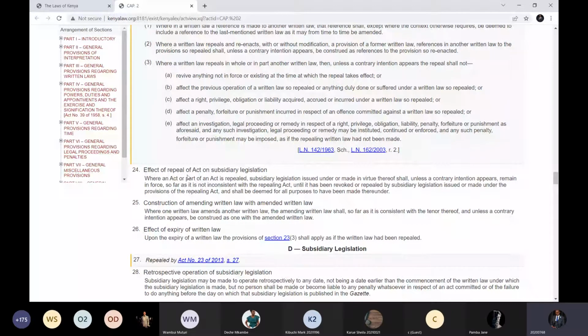Section 24 of the Interpretation and General Provisions Act says: when an act or part of an act is repealed, subsidiary legislation issued under or made by virtue thereof shall, unless a contrary intention appears, remain in force so far as it is not inconsistent with the repealing act, until it has been revoked or repealed by subsidiary legislation issued or made under the provisions of the repealing act, and shall be deemed for all purposes to have been made thereunder.